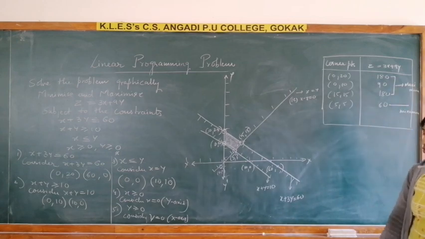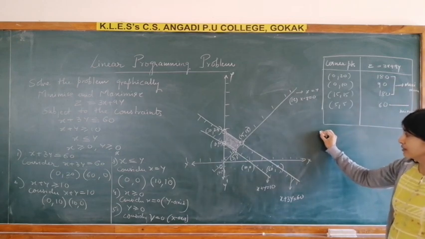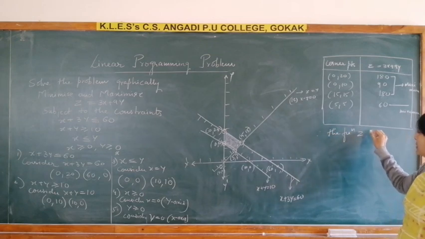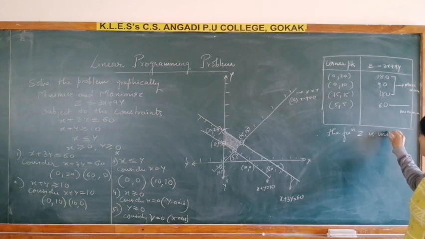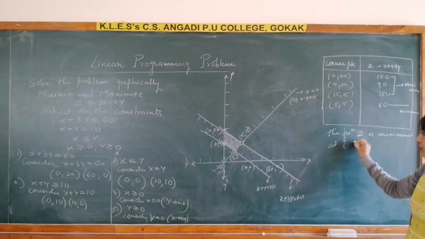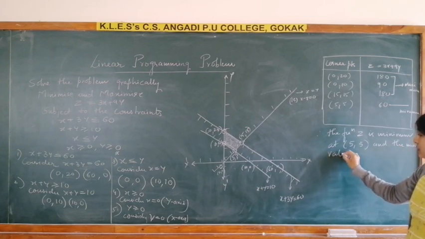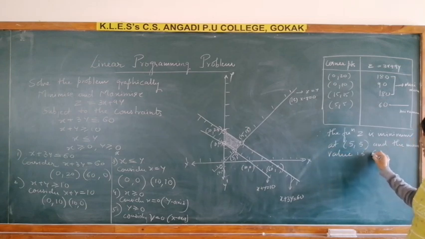Okay. So how to write the solution now? See here. Therefore the function z is minimum at 5 comma 5 and the minimum value is 60.